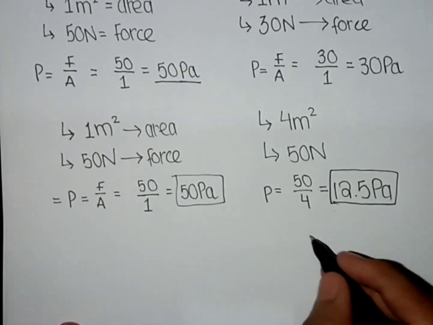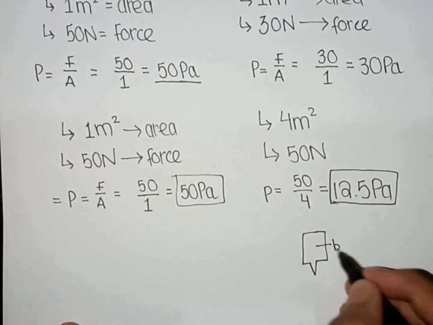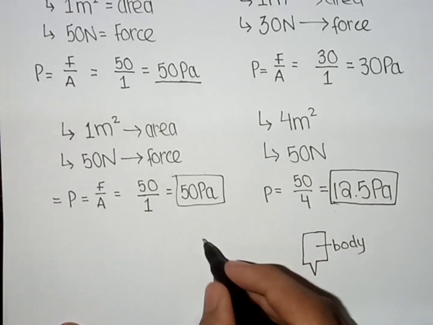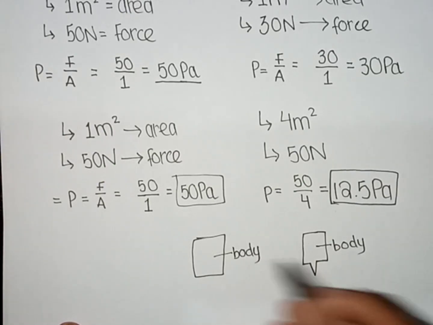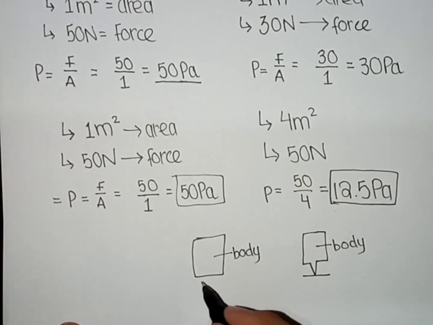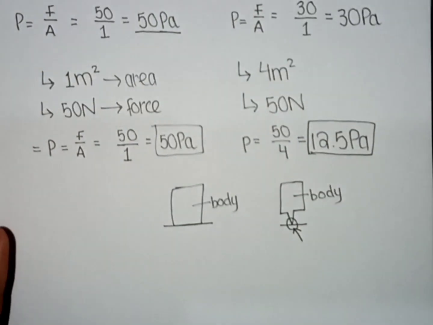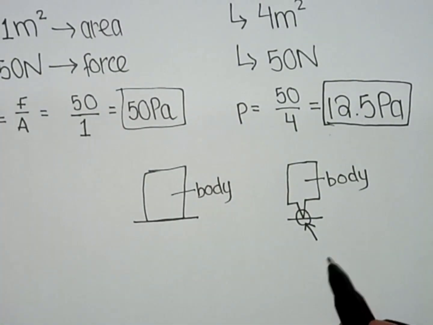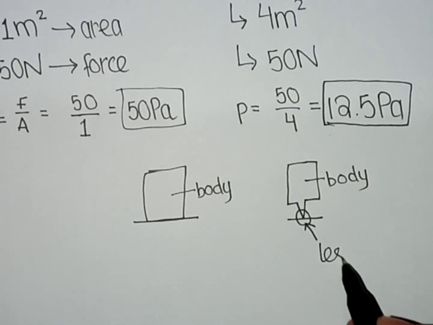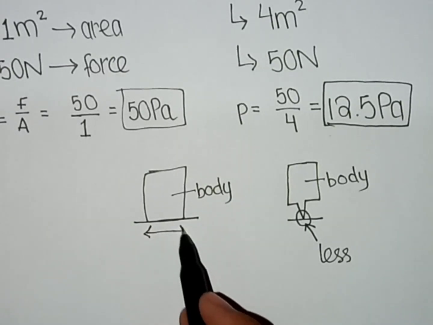This is because if you are having a huge body and a simple body, at this peak we can understand that here the area is lesser and here is a huge area.